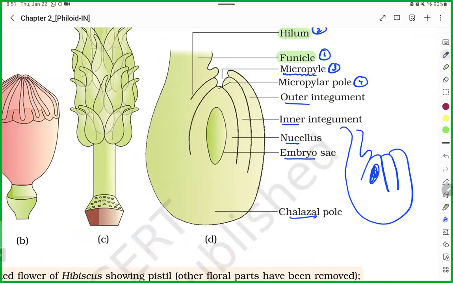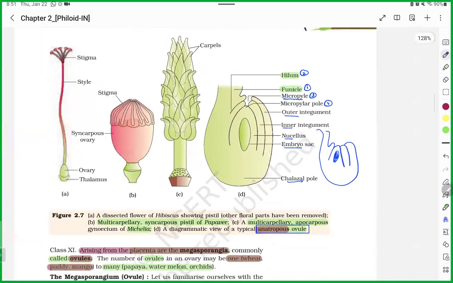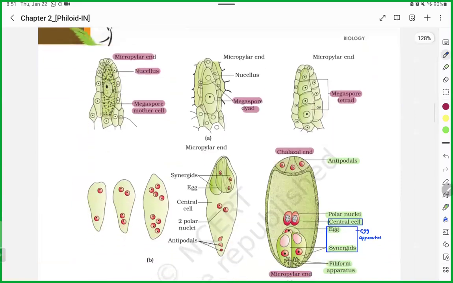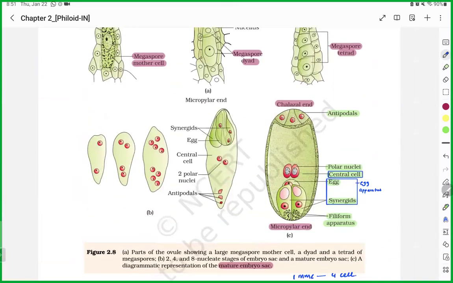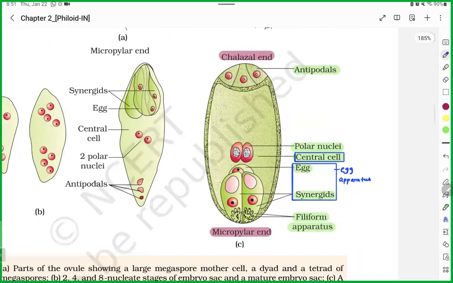Correct? Is it confusing, guys? Diagram is misleading. Yes or no? That's okay, sir. I just mixed it up with that other diagram.